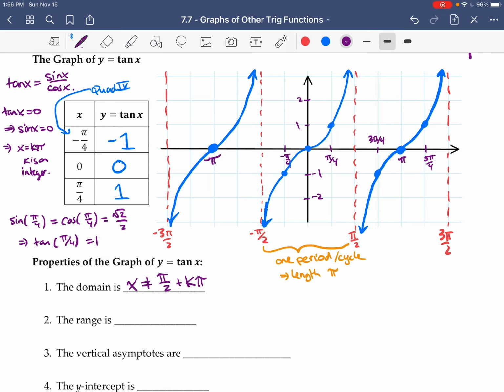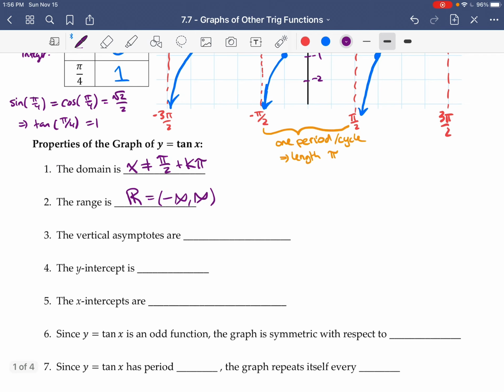The range, that's the y values, is all real numbers, or negative infinity to infinity, because we go to negative infinity all the way in between and then up to positive infinity. So every y value can be obtained. The vertical asymptote equations are the same as the domain except with equals. So every x value that's not in the domain is a vertical asymptote.